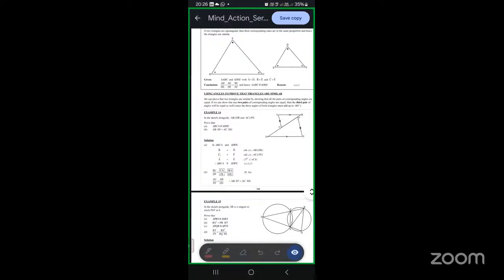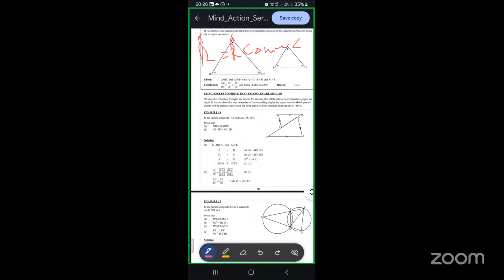So we're going to start by saying that angle R is equal to angle R because it's a common angle. Let me just write that here: angle R is equal to angle R, reason being a common angle.